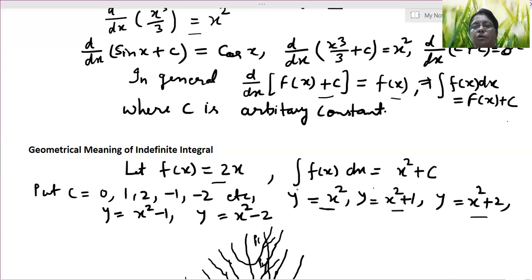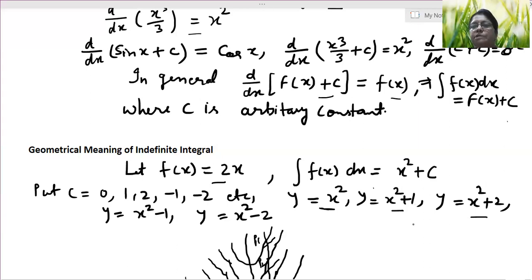So do you know what is the nature of the curve of y is equal to x square? Or you can say x square is equal to y. If you recall it, it is a parabola with vertex at origin. Am I right? Yes, it is a parabola vertex at origin.